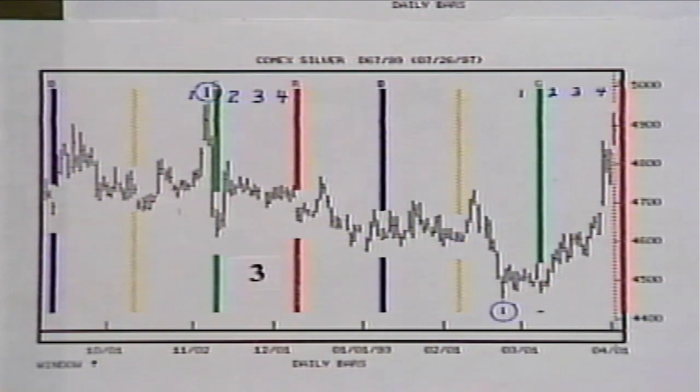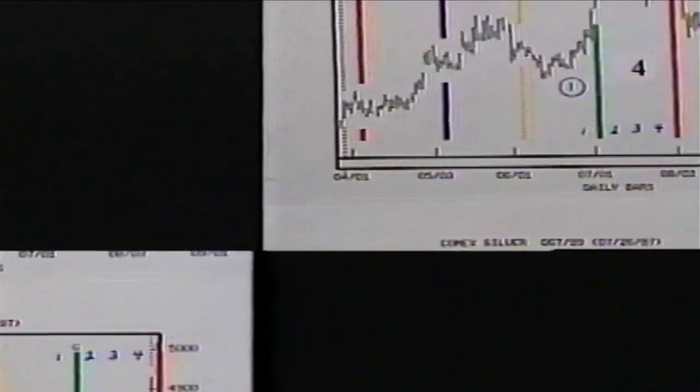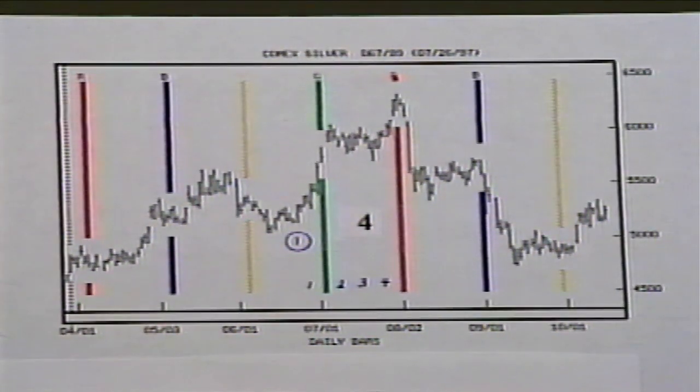So I pick that as my point 1. And also this was one of the considerations in determining where to start, because of this significant low point shown on chart 3. Now moving to chart 4, we just have one green line here, and so I pick point 1 to the left of that green line.